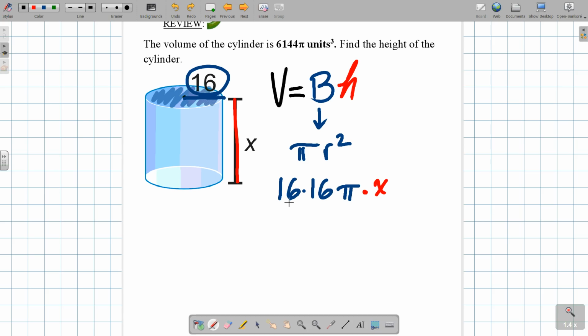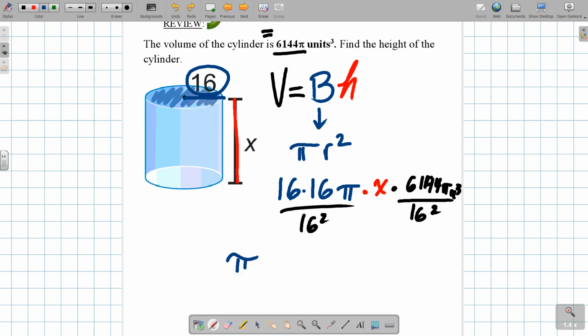Okay, so base times height equals 6144 pi units cubed. So we're going to solve for x here. I'm going to go ahead and divide by 16 squared.